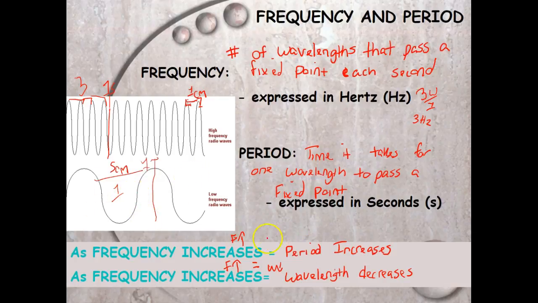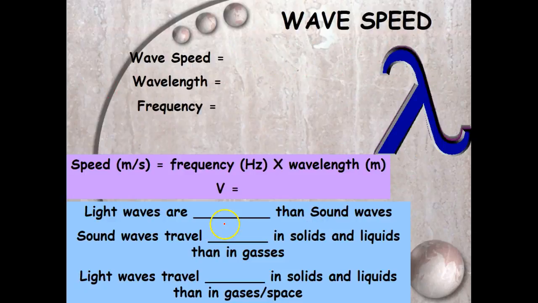So again, as frequency increases, the time it takes for one wave to pass increases, and as frequency increases, wavelength decreases. We're going to talk about one more thing before we end the video, and that is we can actually figure out the speed of the wave. The speed of the wave we're going to call v, as in velocity.